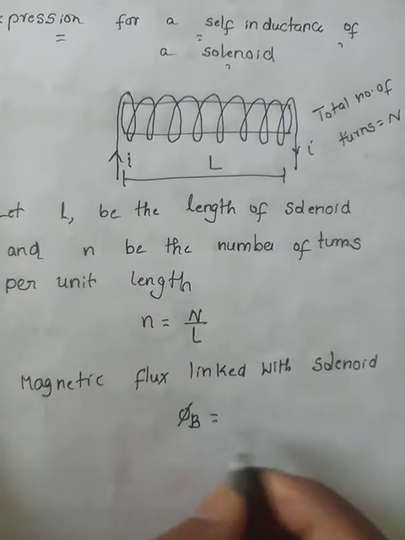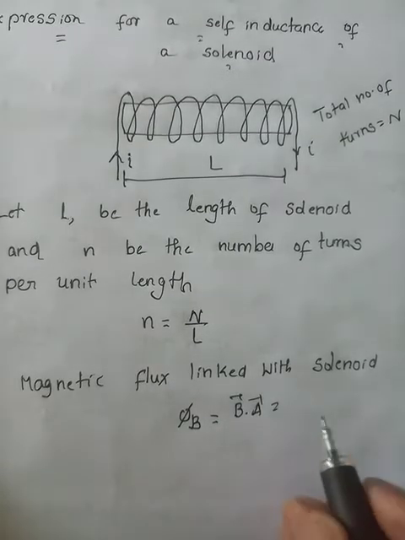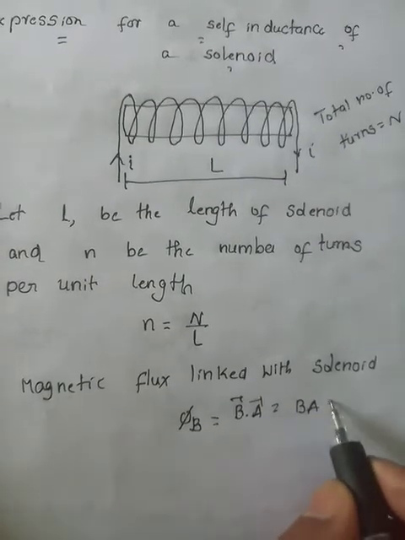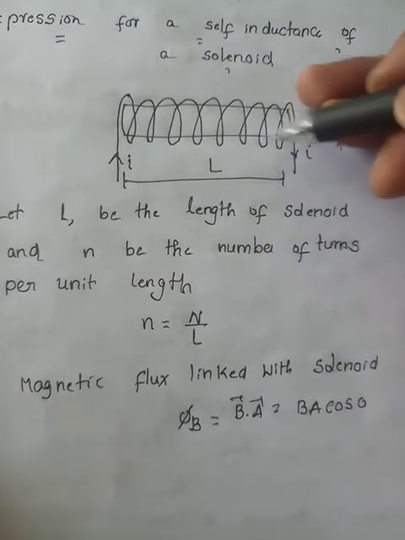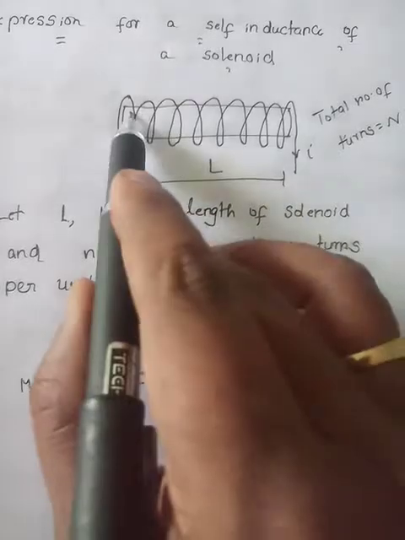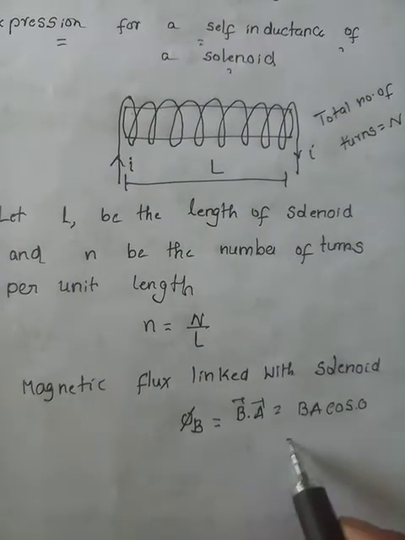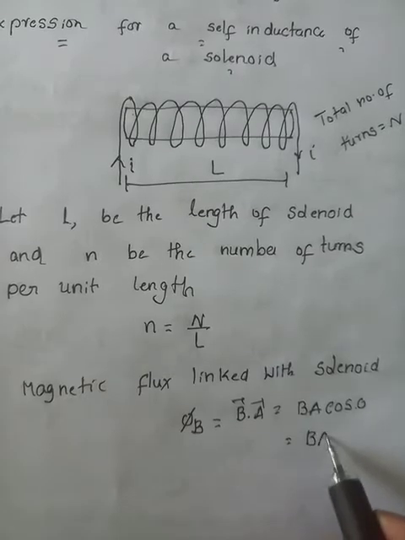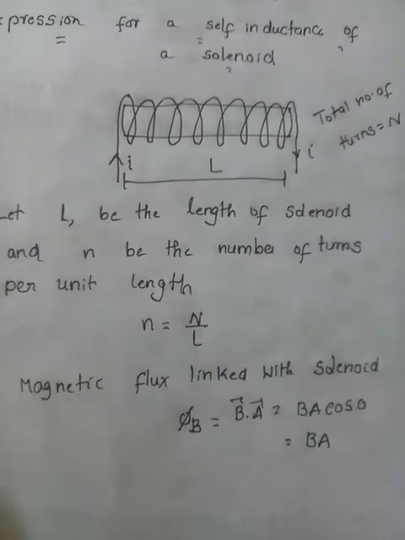Phi B is equal to B bar dot A bar, nothing but B A. The magnetic field will be induced along the axis of the solenoid, so both are along the same direction. So, we can write cos 0, and we get B into A. How many turns are there?